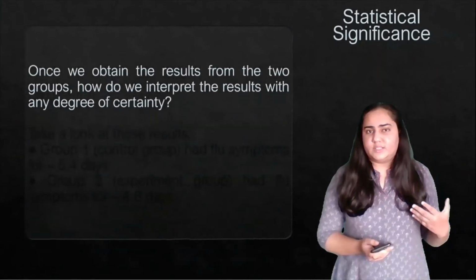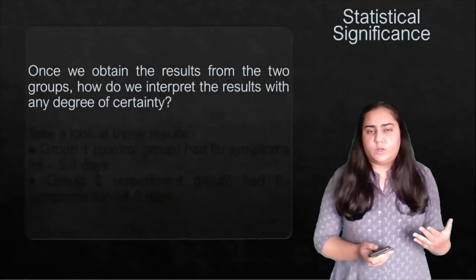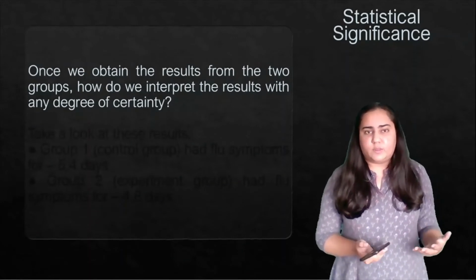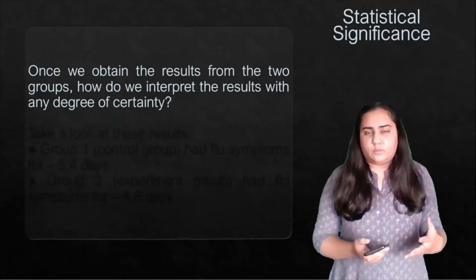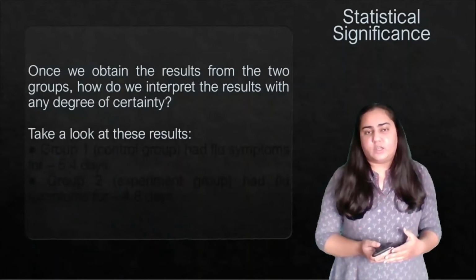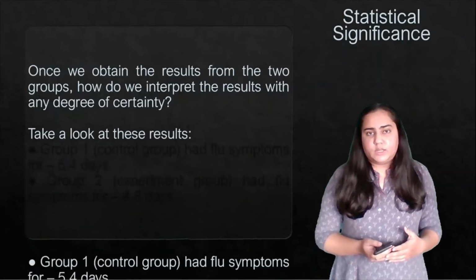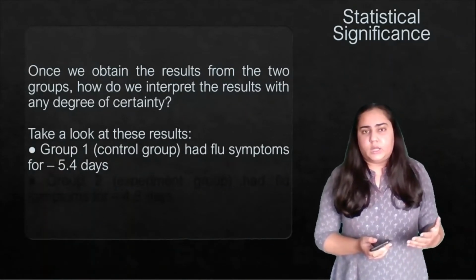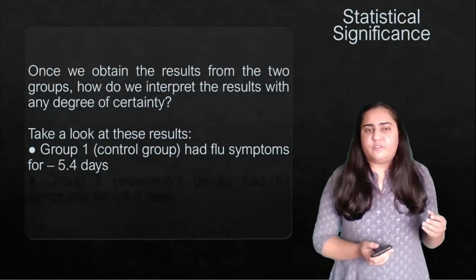Now, what is the statistical significance of this? Once we obtain the results from the two groups, how do we interpret the results with any degree of certainty? So take a look at these results. Group 1, which is the control group, had flu symptoms for 5.4 days.